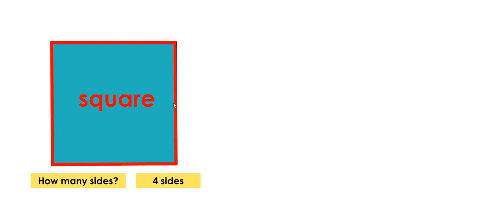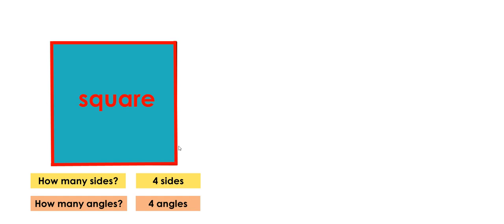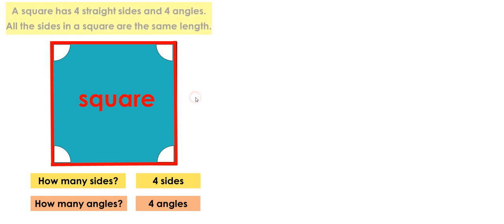And how many angles? 4 angles. Great job, you guys. A square has 4 straight sides and 4 angles. All the sides in a square are the same length. That is very important to know, guys.